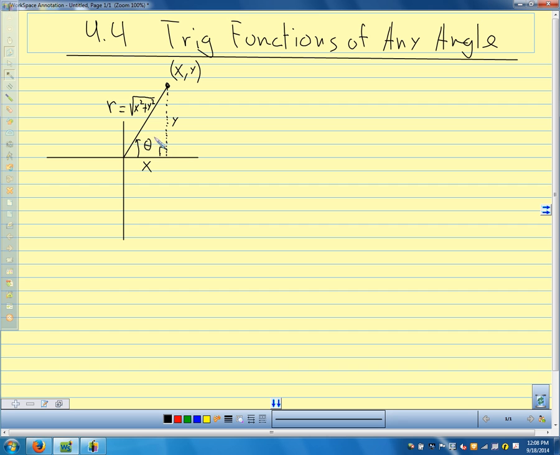So using that right triangle, we get our trig ratios. Sine theta is y over r. Cosine theta is x over r. Tangent theta would be y over x. And then we can do our cofunctions.